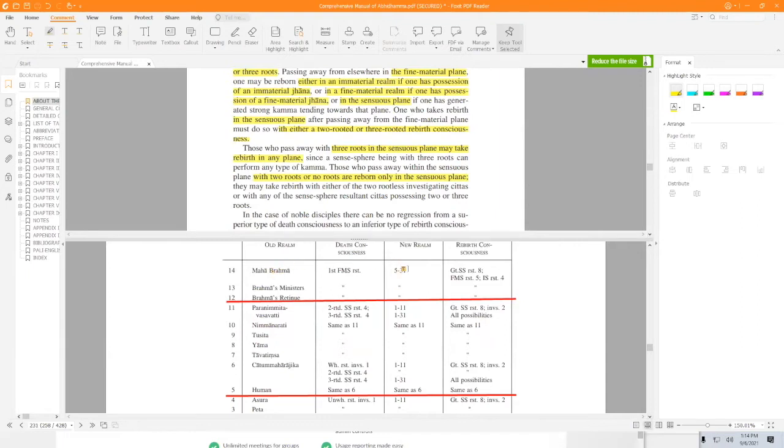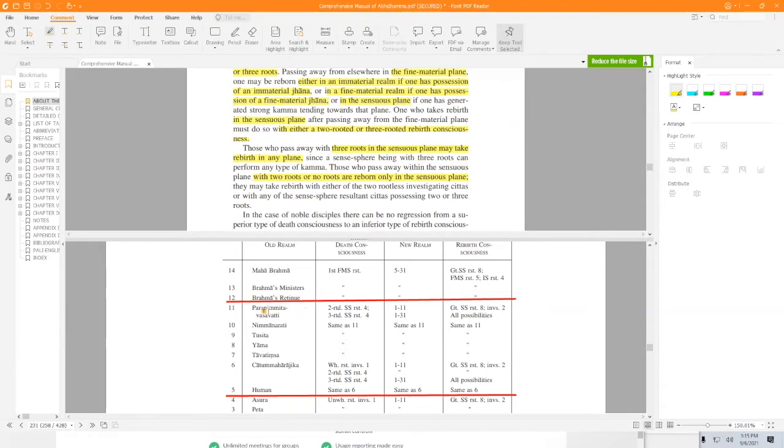So the same guideline to rebirth occurs throughout the fine material plane. Okay, then those who pass away in the sensuous plane with 3 roots may take rebirth in any plane, since the sense sphere being with 3 roots can perform any type of karma.